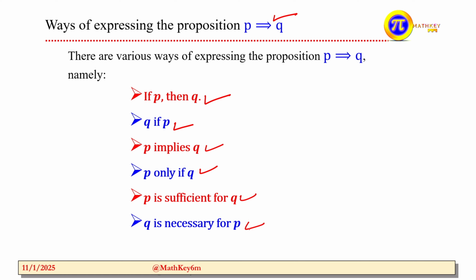All of this p implies q እነዚህ በሙሉ ምንን ይገልጻሉ ማለት ነው. So q if p, p only if q, p implies q መሆኑን እናያለን ማለት ነው. So you'll see all these alternatives of expressing p implies q.